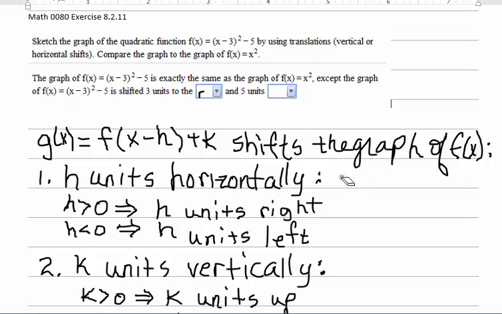And I don't think I'm going to be able to fit this word in here, so I'll just write it below. So 3 units right, and we see that a negative 5 is being added to the square. So the vertical shift is 5 units down.